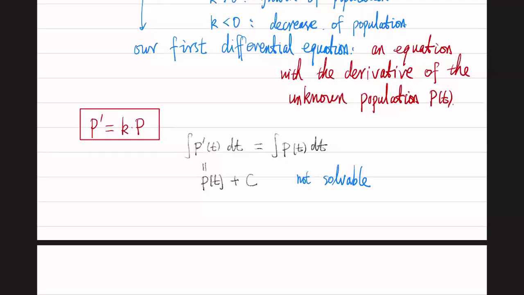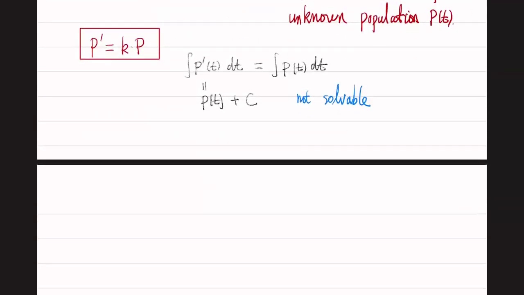Okay. We want to utilize what we have learned in the previous chapters. To do that, we need to separate the two variables, p and t.